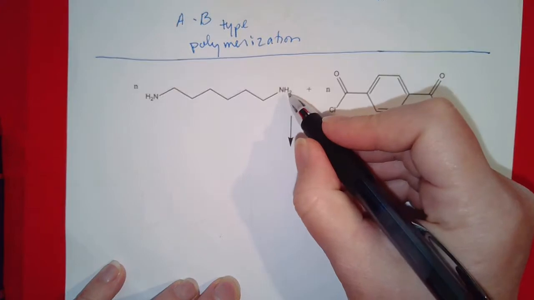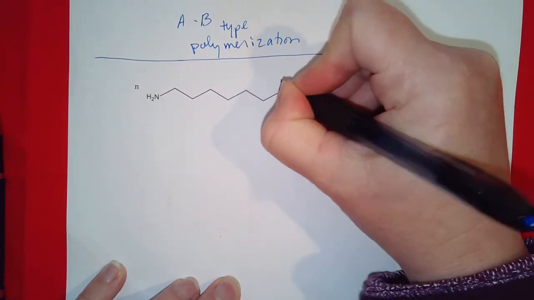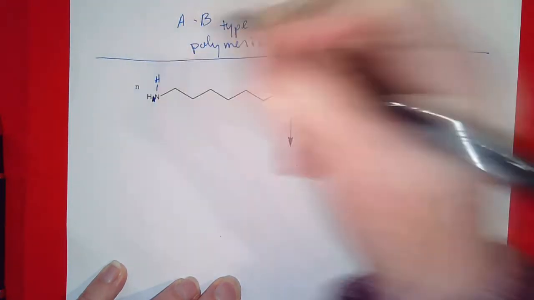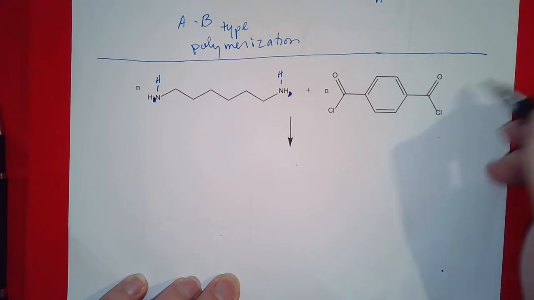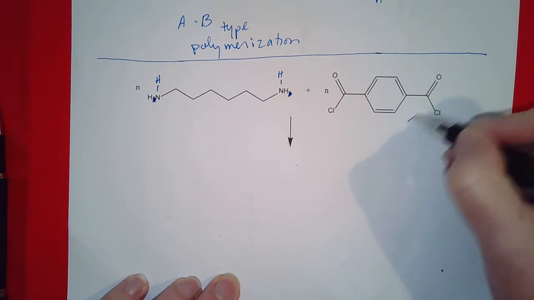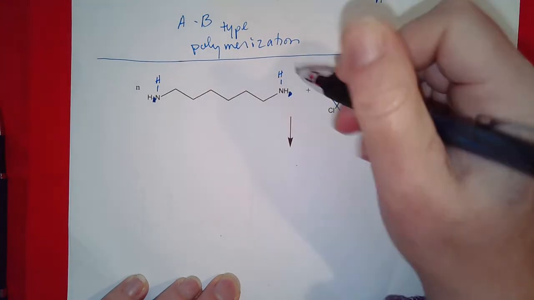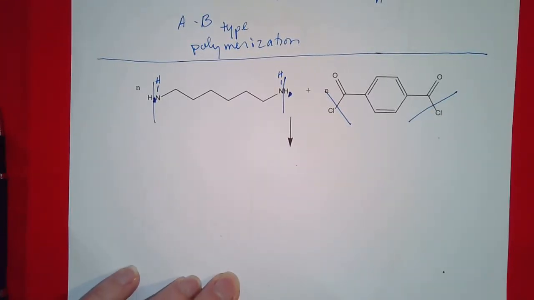When I see the NH2 written like that on these reactions, I always cross off the 2 and write the second hydrogen. That's just easier for me, okay? Because hopefully we all remember the leaving group for an acid chloride is the Cl minus, and I can slice those off, the Cl minuses, and now it's easier for me to slice off the proton it's going to grab as well.